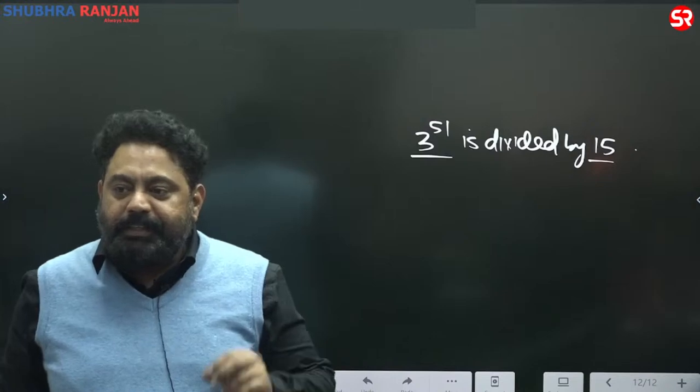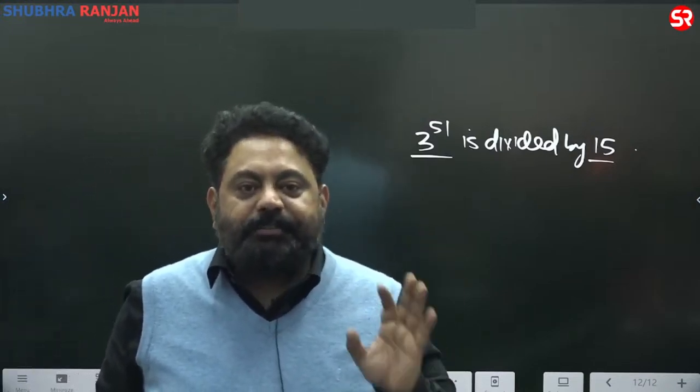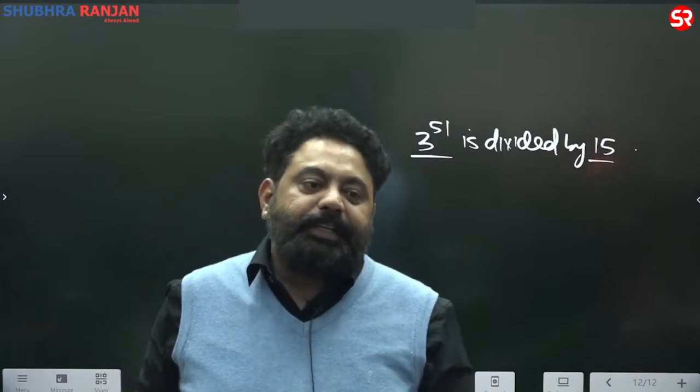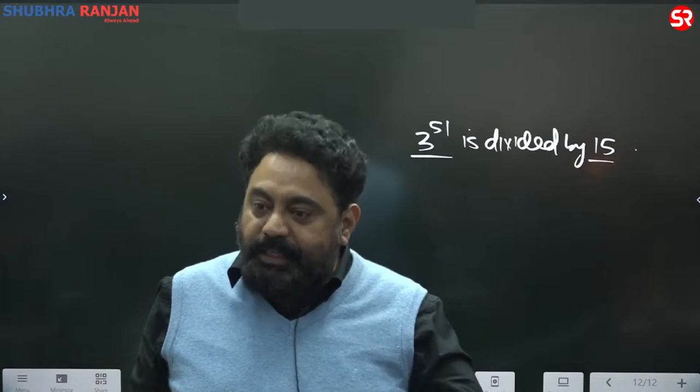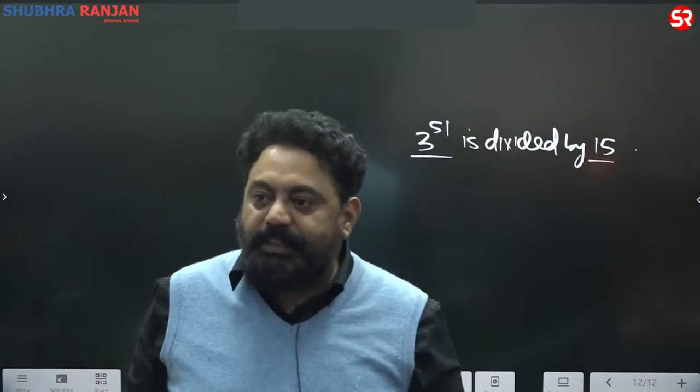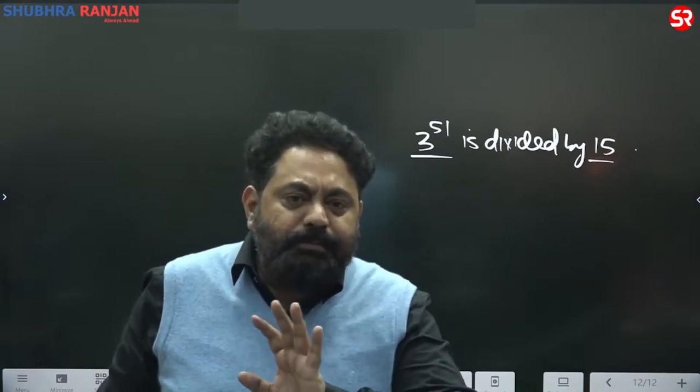What is 15? 3 fives are 15. This may be a case where you won't be able to make 1, because if there is a common factor, you may not be able to make 1. In that case, things become easier.